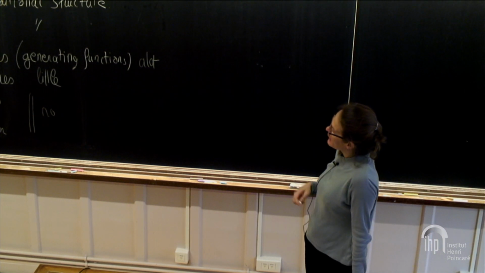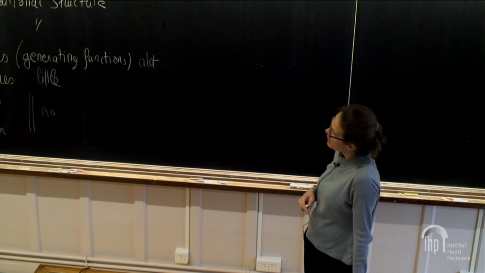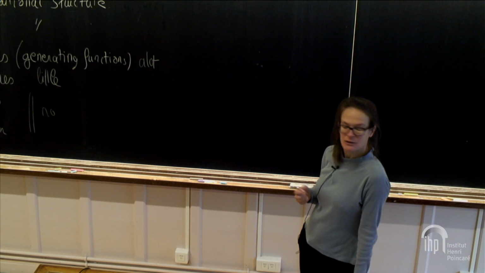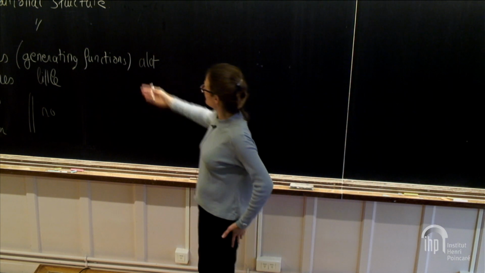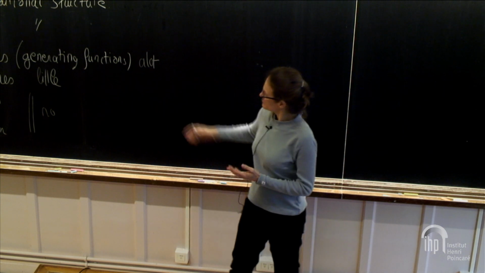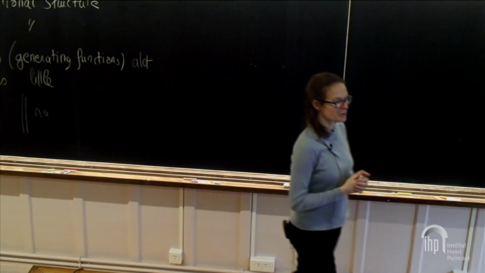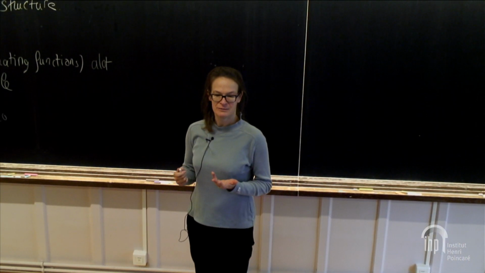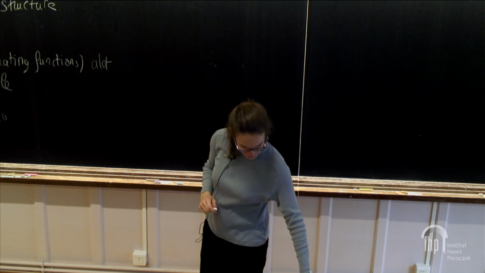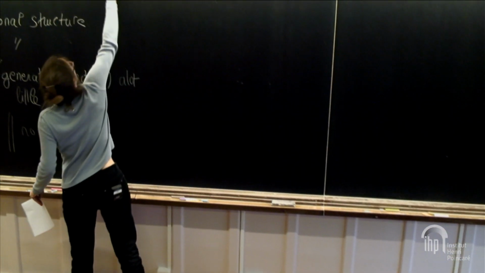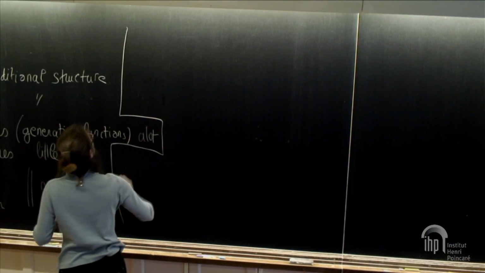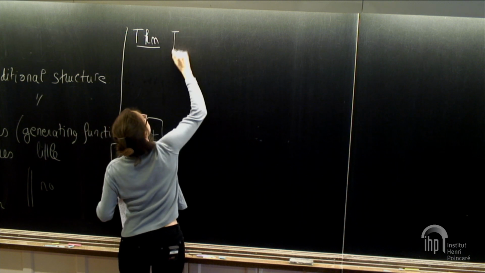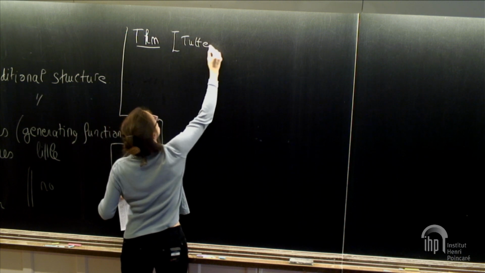So I don't want to compare the charms and the powers of all these approaches, but if I had to give one reason why I will mostly stick to this one, in addition to the fact that it's the one I know, let's say that at the moment, it is the only one, as far as I know, that can prove the following result, which is a theorem due to Tutte himself a long time ago.